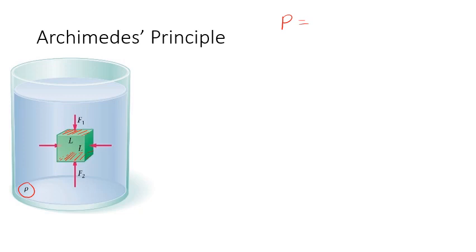The pressure is given by force divided by the cross-sectional area, or the area related to that force. Simply, F1 equals the pressure at that point, P1, multiplied by the area.